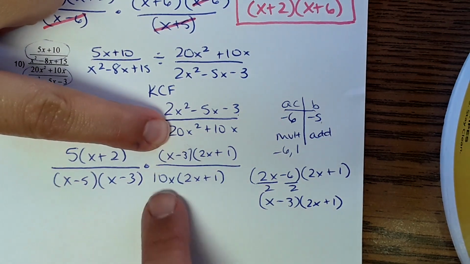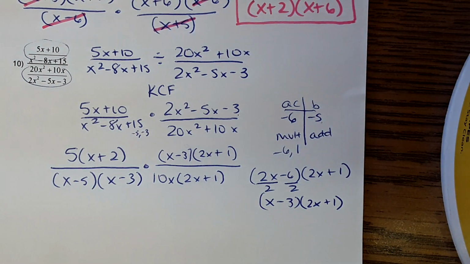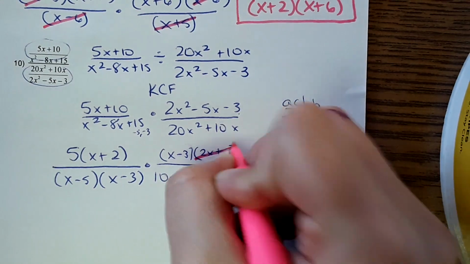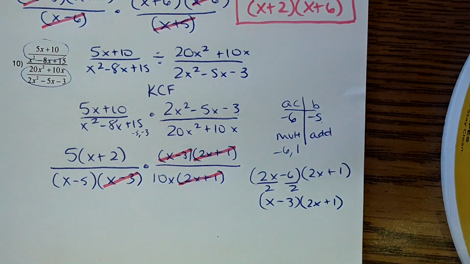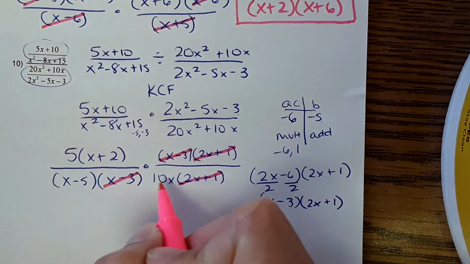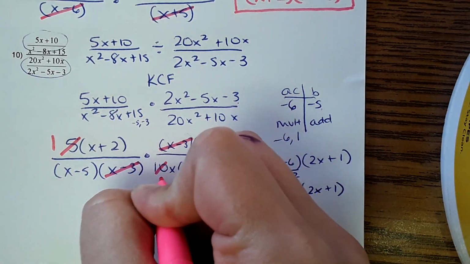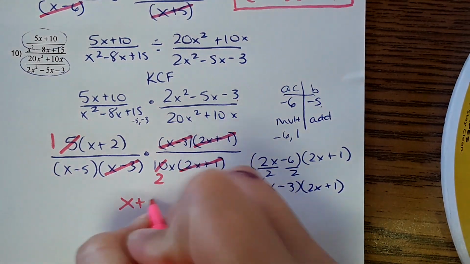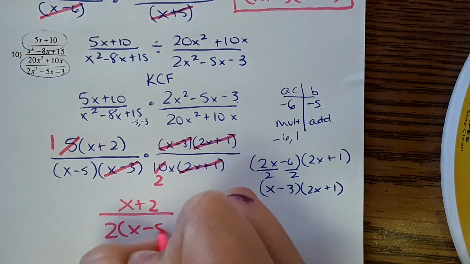I took a 10x out of here to get 2x plus 1. And now that it's all in factors, I can cancel out anything that cancels. 2x plus 1, 2x plus 1 cancel. X minus 3 and x minus 3. The 5 and the 10 can both be divided by 5, so I get a 1 and a 2. And then we're just left with x plus 2 over 2x minus 5.